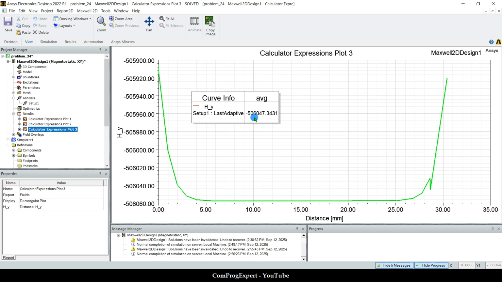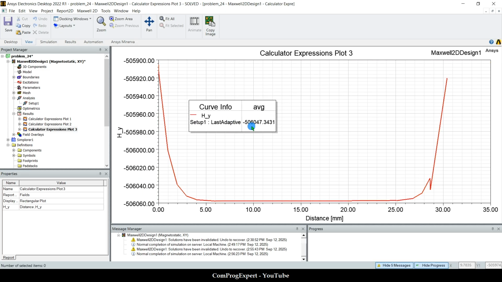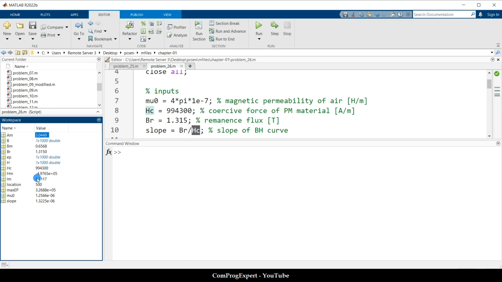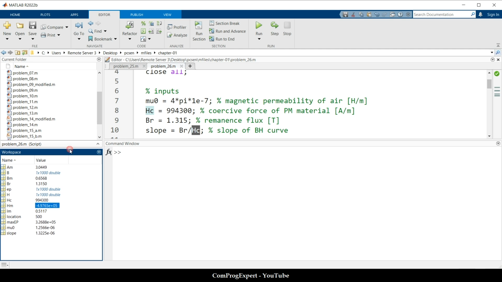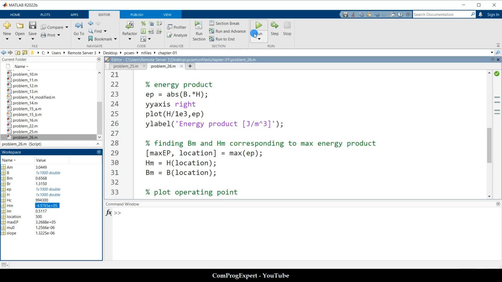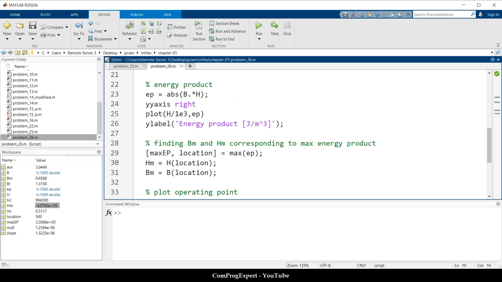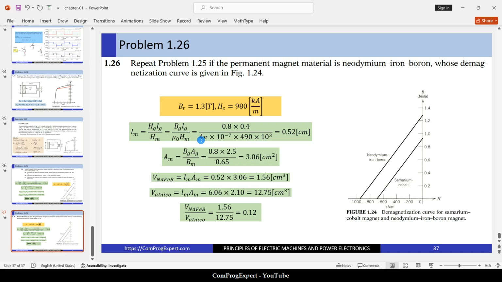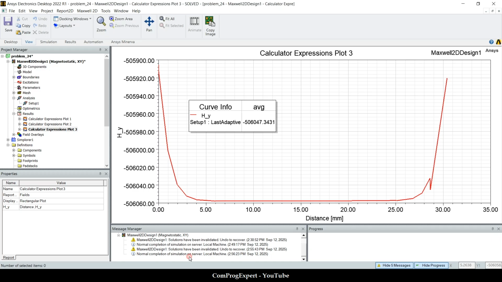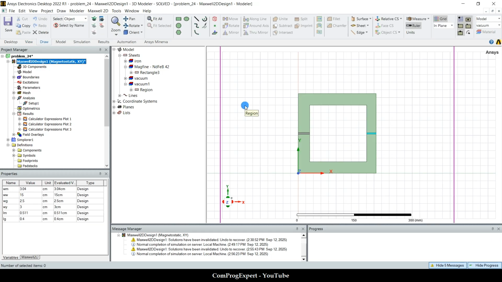And here is the value of the intensity, negative 506, close to this number, HM. Perfect, right? So, as you can see, we can calculate these numbers using these formulations and then compare with what we have in the ANSYS Maxwell software.